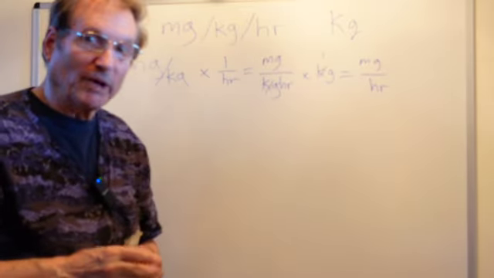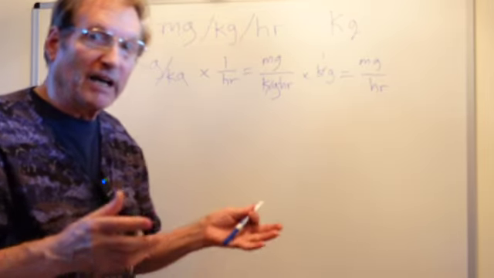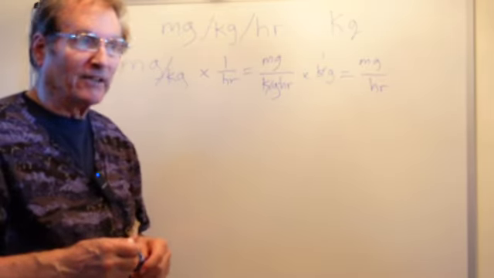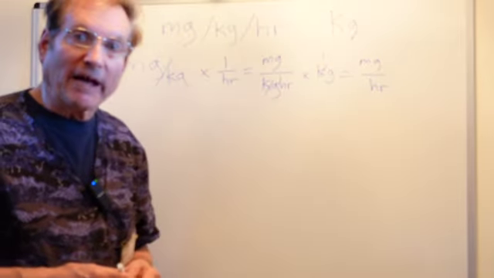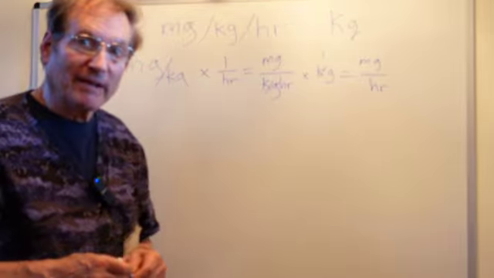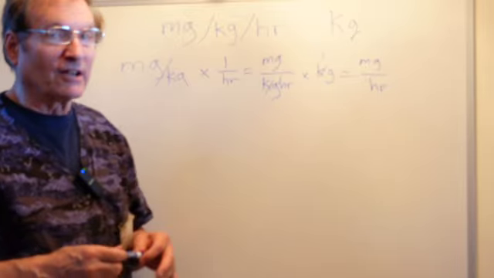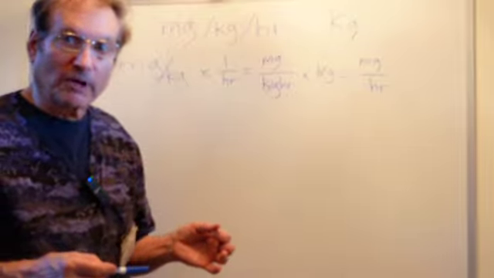Well, the only place we have mils is in the concentration value on the vial of drug, and it's in mgs per mil, or maybe a percent, like lidocaine typically is 2%. Well, the convention is the percent means 2 grams per 100 mils.